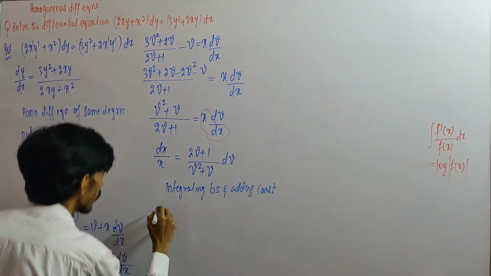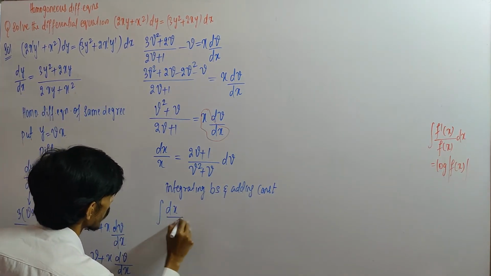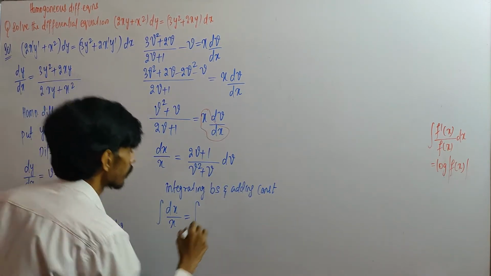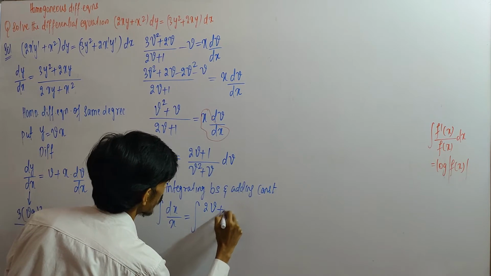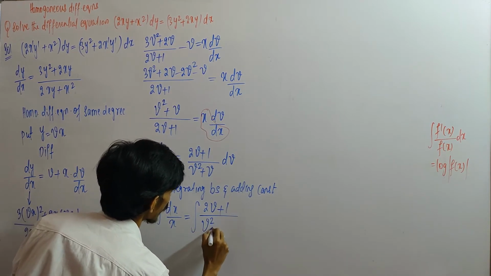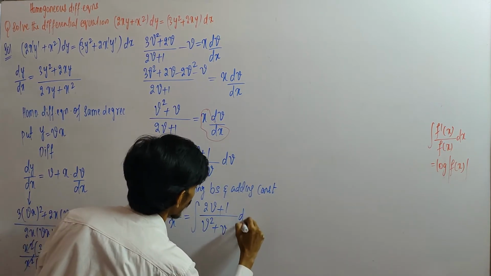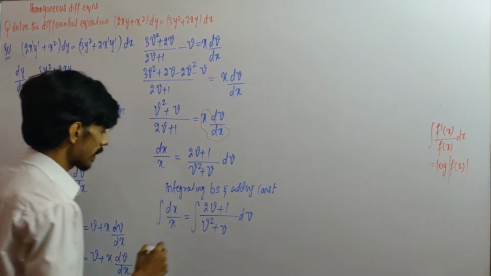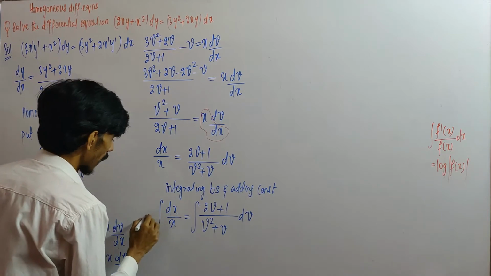So here I'll get integration dx upon x is equal to integration 2v plus 1 by v square plus v dv. We add a constant, let us add the constant to this side.